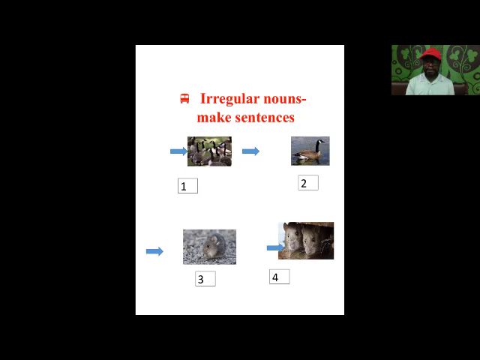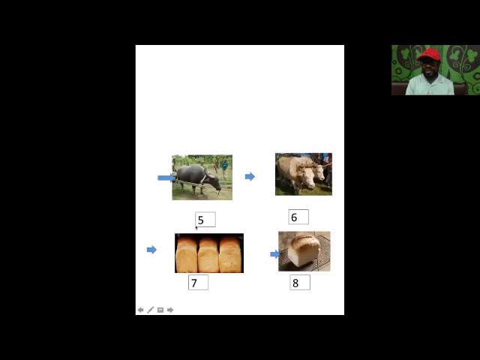Number three, mice, mouse, mice. These are irregular words. Write down the sentence. Be careful with the arrow. Ox, oxen. An ox is a cow used to dig.